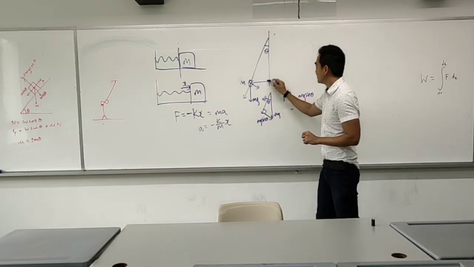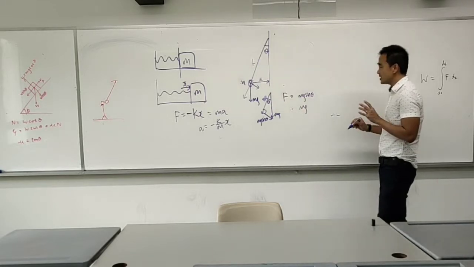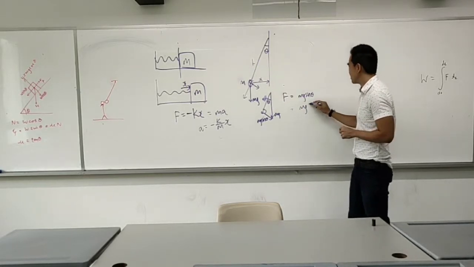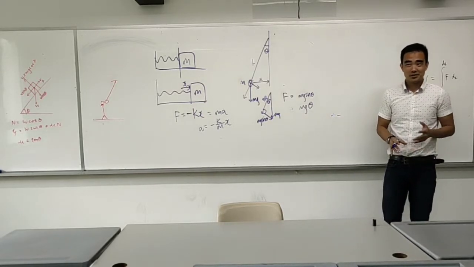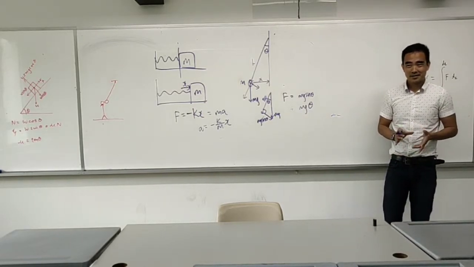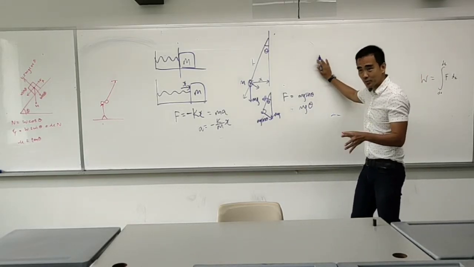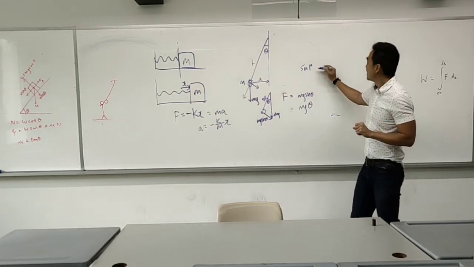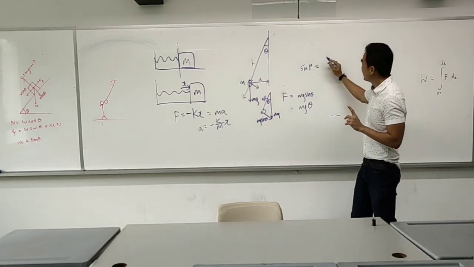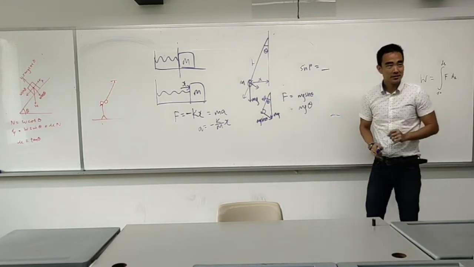This is the part where some people will start to jump already. Can you see that sine theta is approximately equal to theta if the angle is small? Have you seen this before? If you don't believe me, change your calculator to radians mode, then take sine of 1 degree converted to radians, and you find that the value is the same as 1 degree in radians.